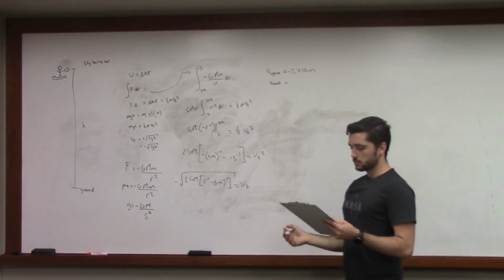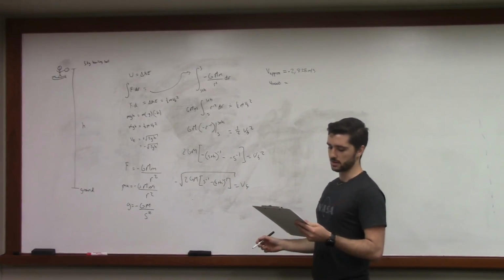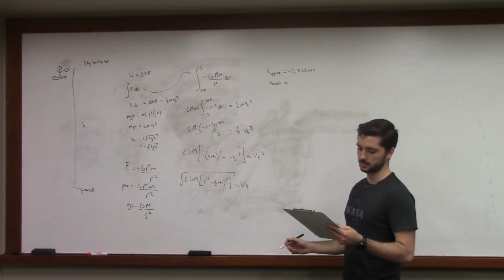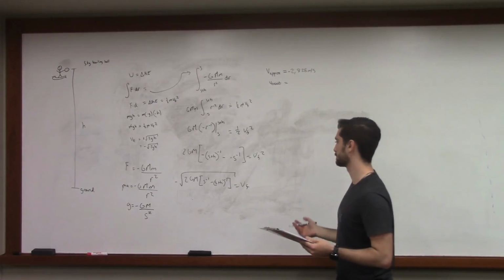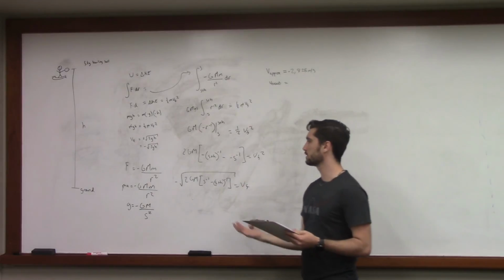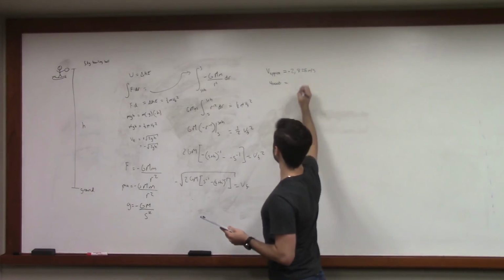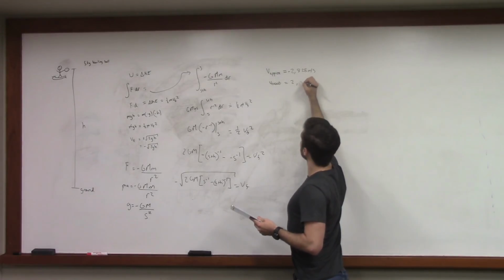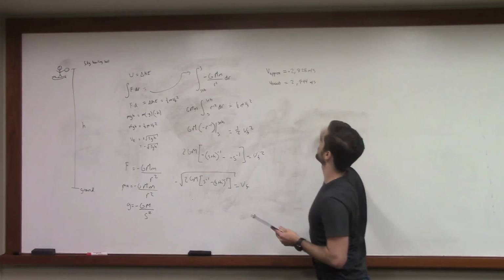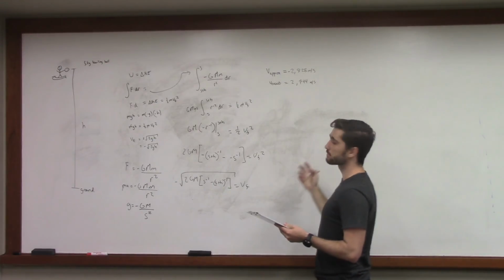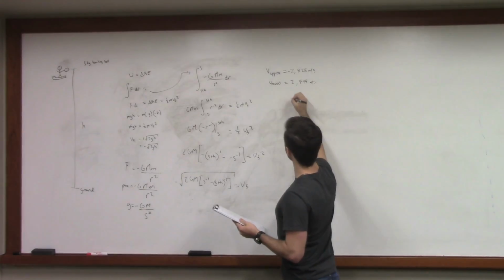If I use the distance for the Earth at sea level, which is about 6,371 kilometers, and then the distance for the ISS that we already said, and I plug in the gravitational constant and the mass of the Earth, that's going to give me 2,744 meters per second.